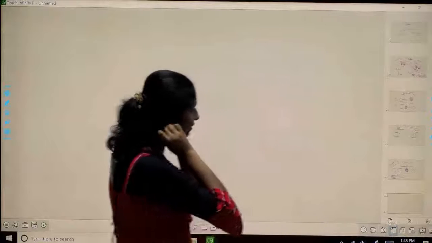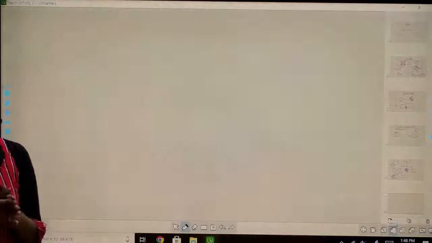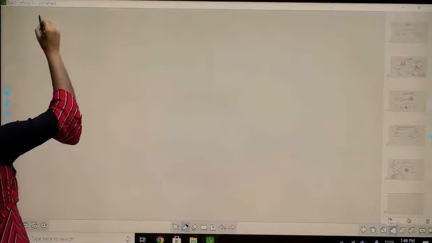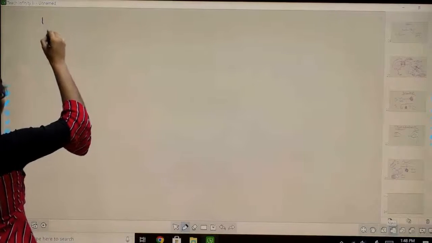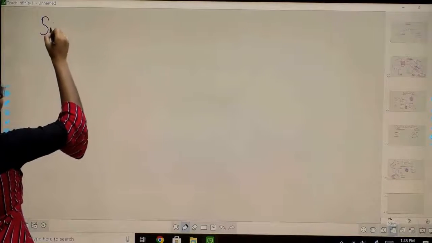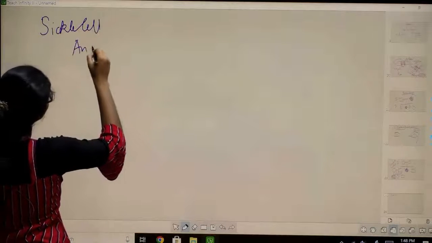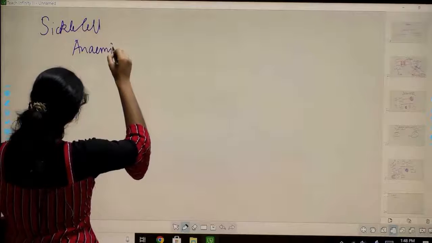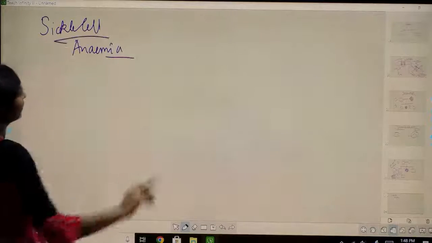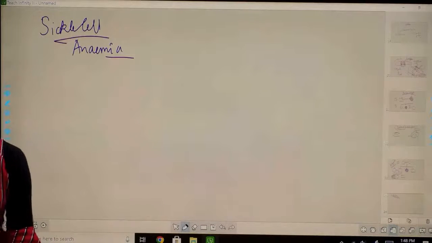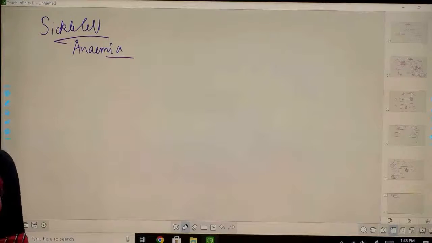Next, let's look at some of the autosomal recessive disorders. Sickle cell anemia is an example of an autosomal recessive disorder.